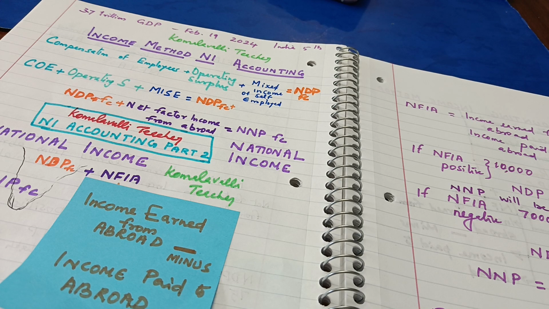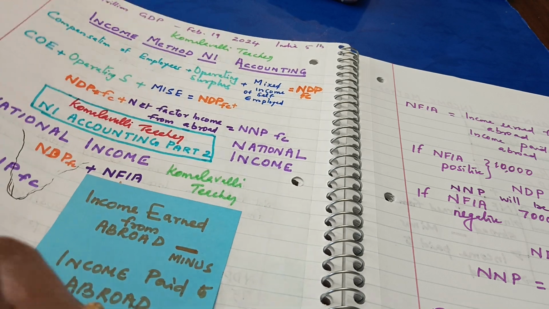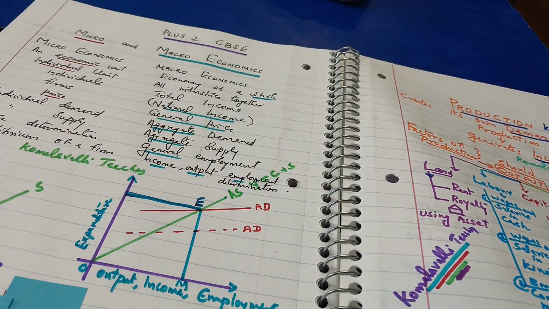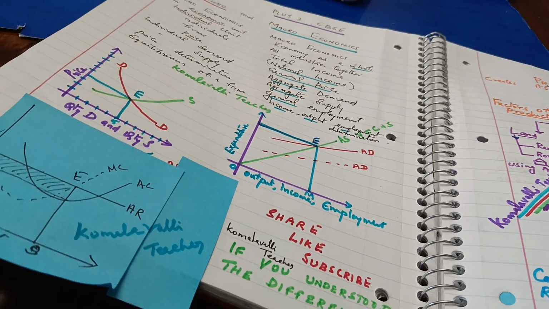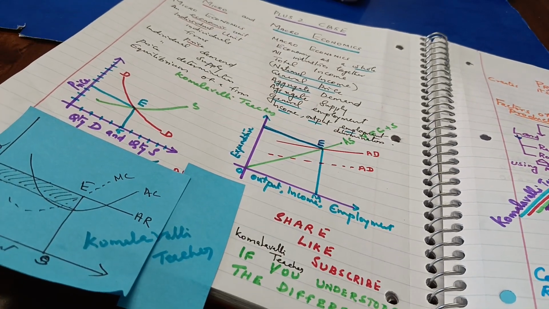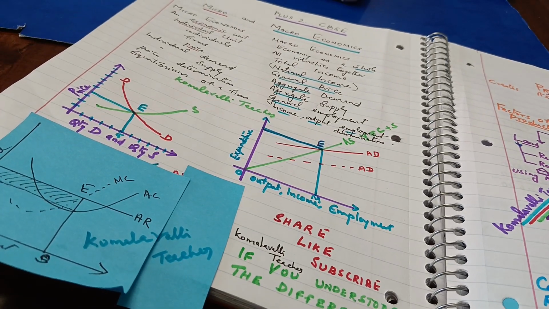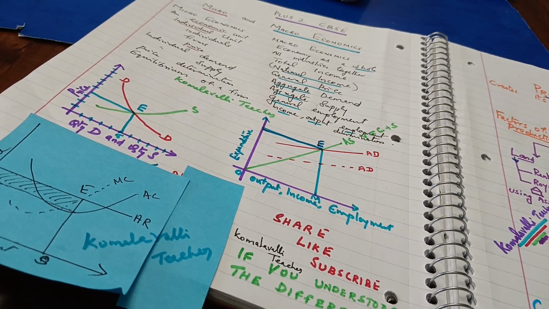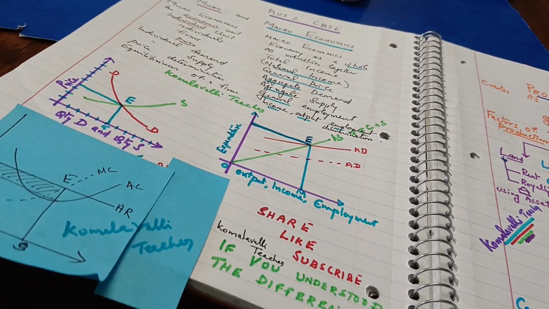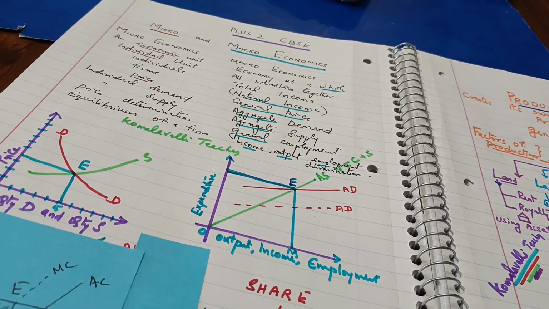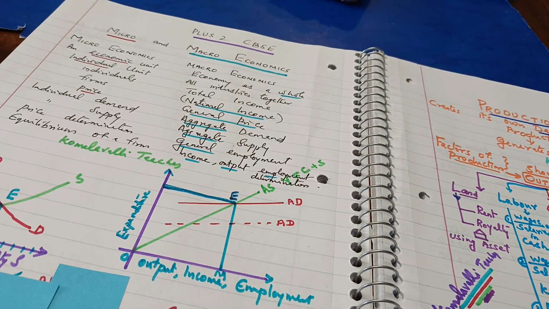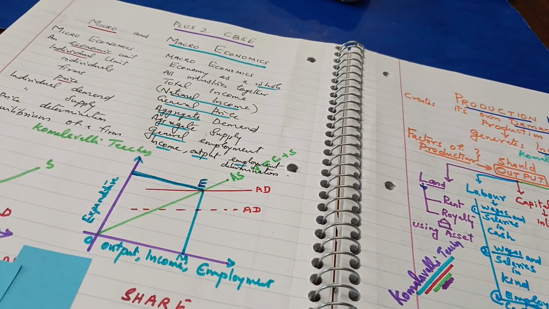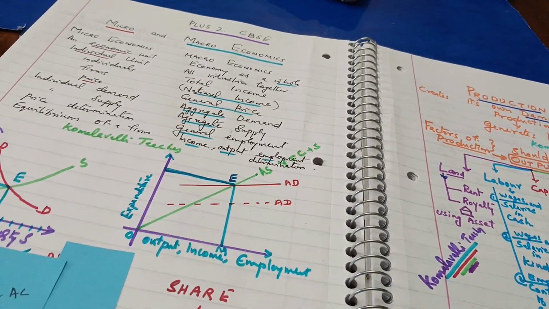I had just drawn the difference between the diagrams of microeconomics and macroeconomics, as you are plus 2 children and already know. It is not necessary to draw this when a comparison comes, or when asked to distinguish between micro and macroeconomics. Everything you have to write according to marks only.